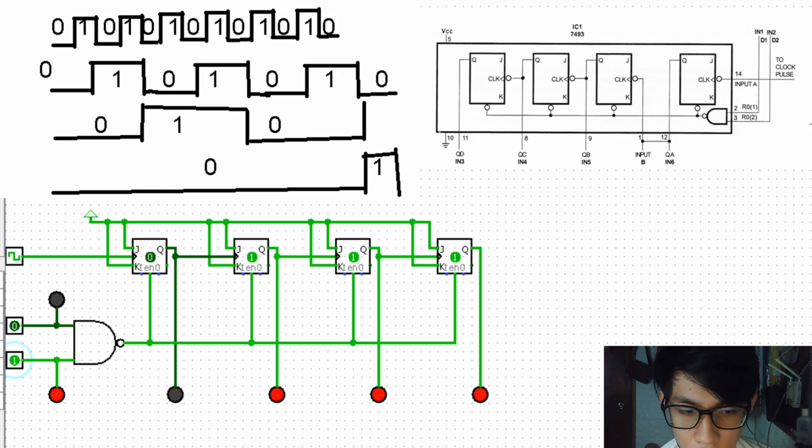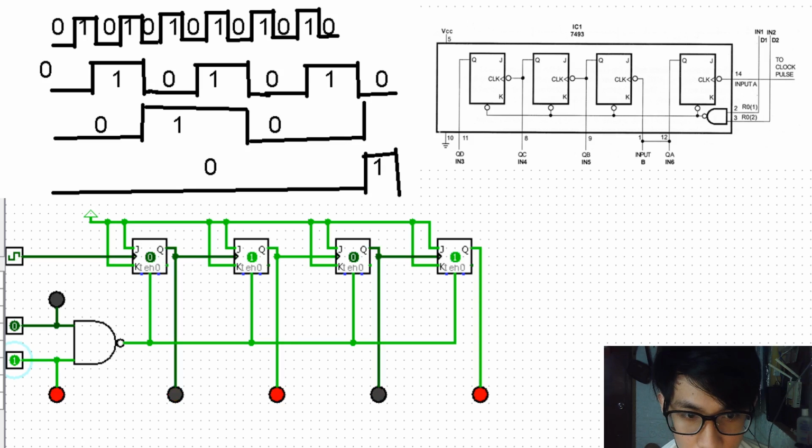So here we have the timetable of the logic circuit. This is on the top, you can see here, this is for the first. For the first JK flip-flop, it's 0 1 0 1 0 1 0 1.